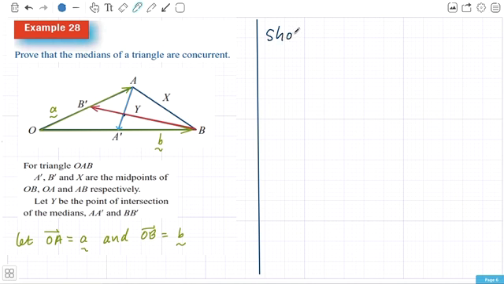We're going to first of all show that B to Y in ratio to Y to B dash, so that's these parts here, is equal to the same ratio between A to Y and Y to A dash.